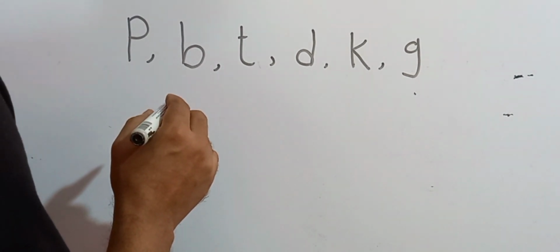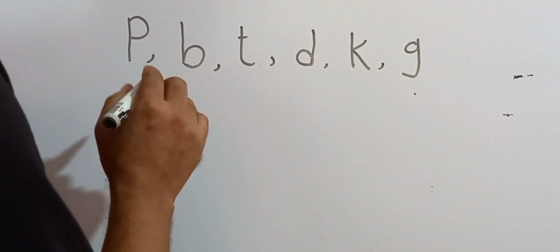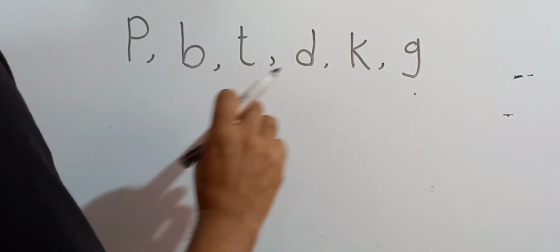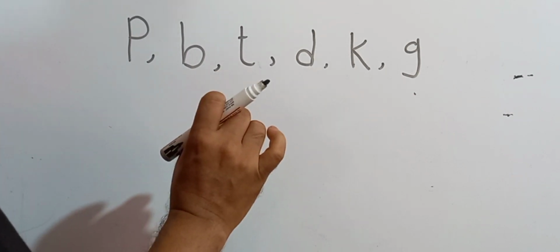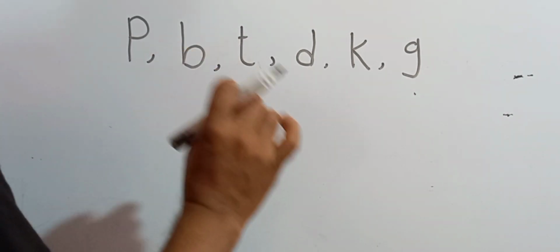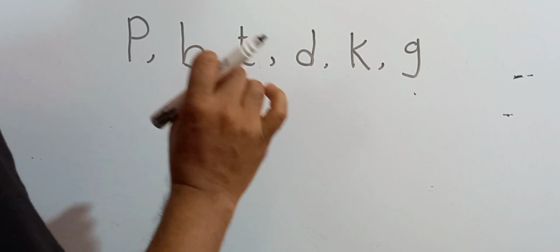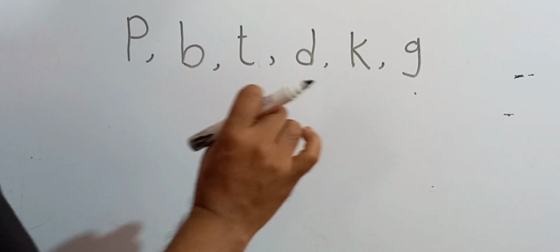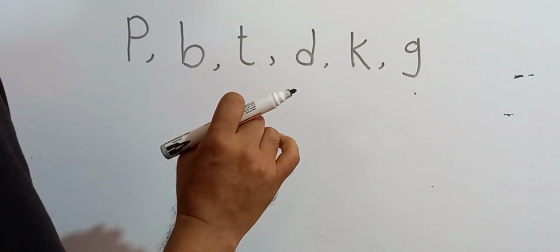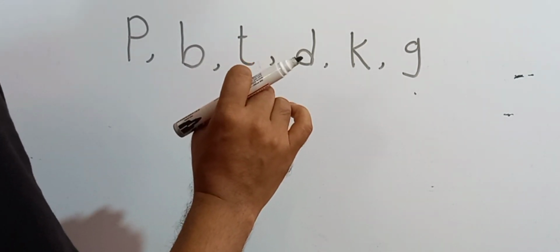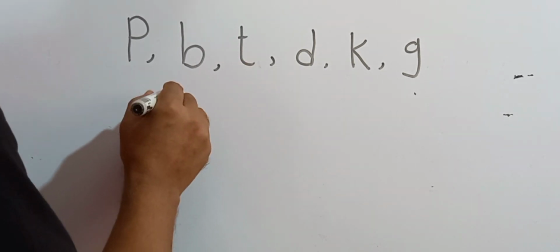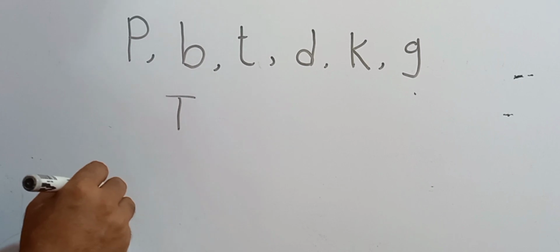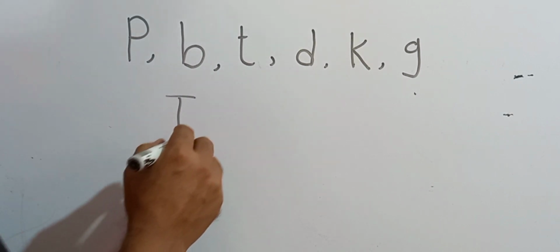Unlike the English alphabet, remember that the phonetic symbols always have one fixed pronunciation and one fixed written symbol. For example, we can write an English letter like T in at least two different forms.